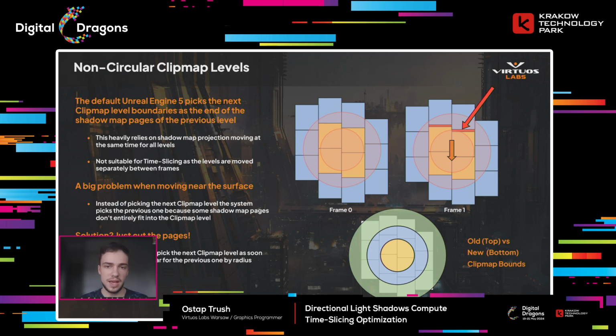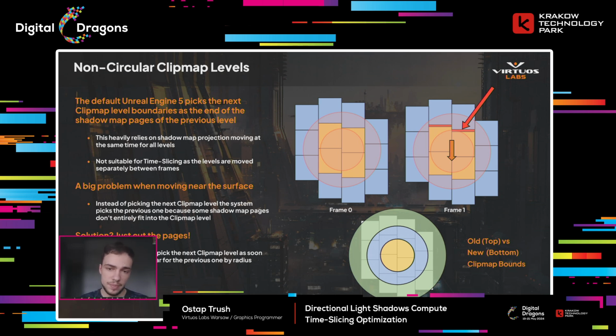And in that way, it defines the edge of a clip map level where those pages that fill the clip map level radius are ending. Meaning that on the top left image, you can see that we have two clip map levels, the yellow one and the blue one. And you can clearly see that where the yellow clip map level ends, it's not circular and has its edges as respective shadow map pages.